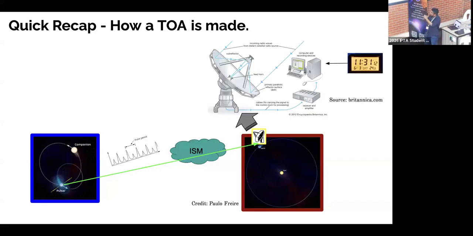So the relative position between the pulsar and the Earth keeps changing, which means that the propagation time between the pulsar and the Earth is a function of time. Also, it passes through the interstellar medium, which has some finite frequency dependent refractive index. So that also contributes to the light travel time between the pulsar and the Earth.